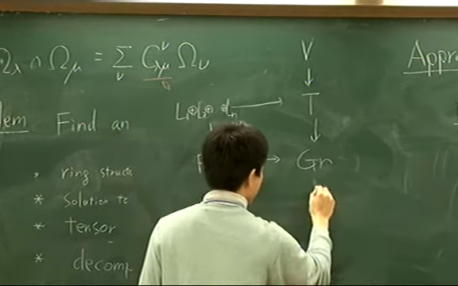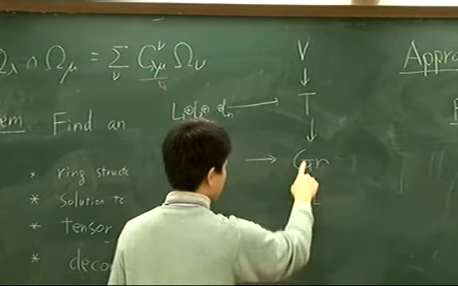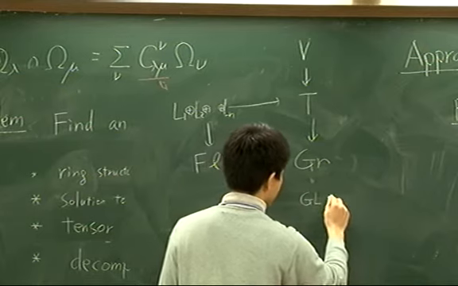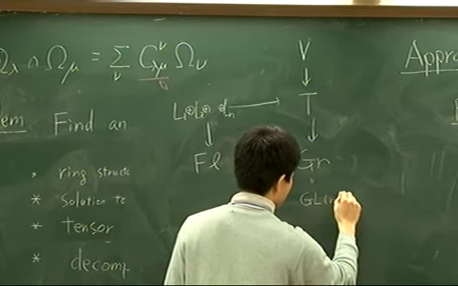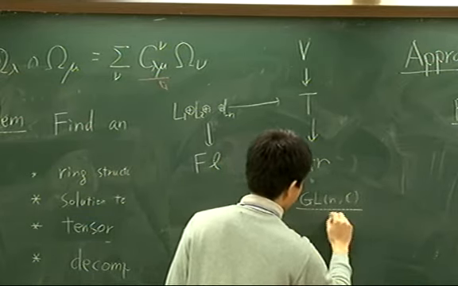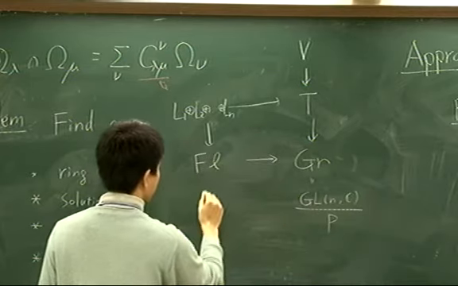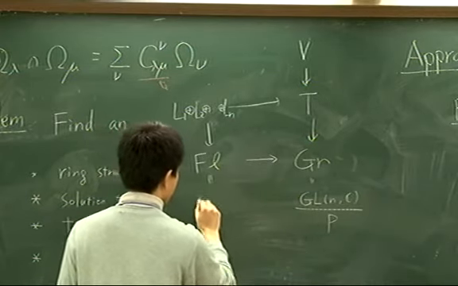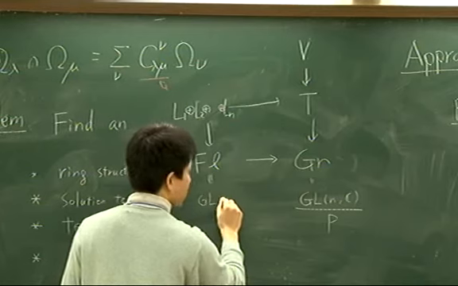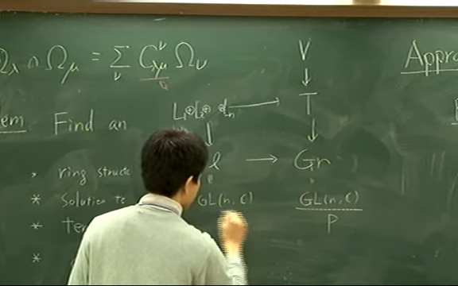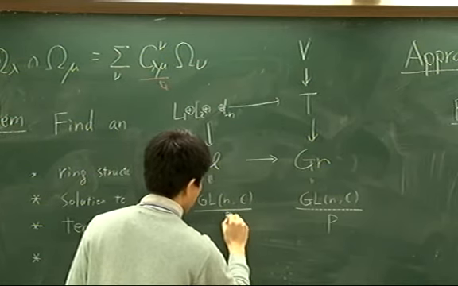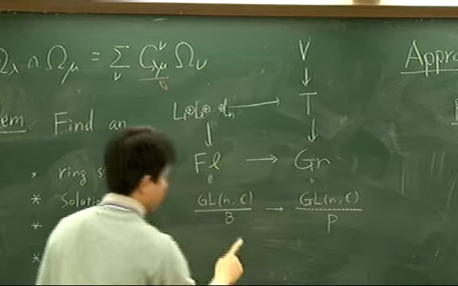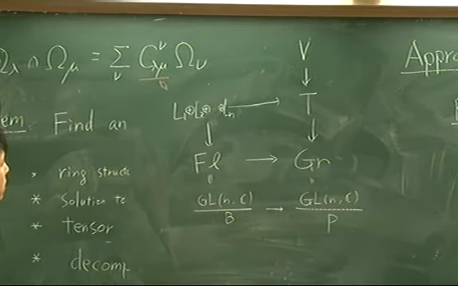For example, if we define the Grassmannian as a homogeneous space GL_n(C) divided by some P, then the flag variety corresponds to GL_n(C) divided by B. This is the projection.